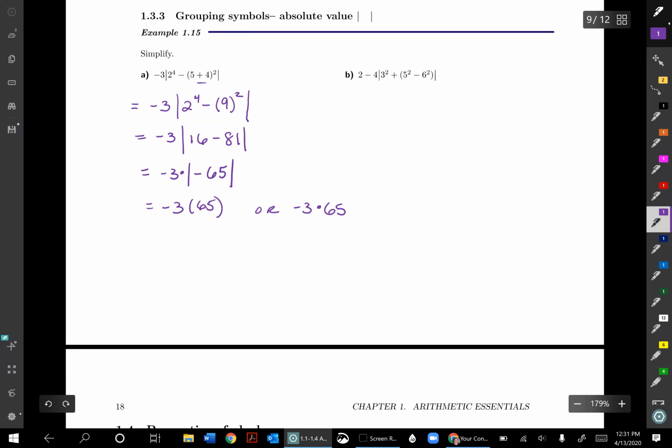We usually don't use the X symbol for multiplication at this point, because as we move into algebra, that gets confusing. Other than scientific notation, we use it for that. So that would equal negative 195 as our final answer there.